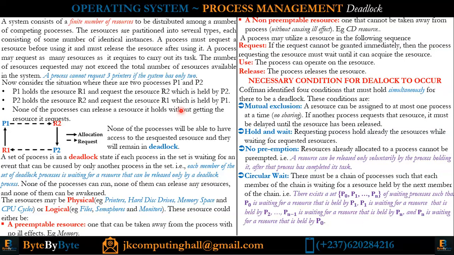The last condition is circular wait. Let us understand this particular condition because this fourth one is very important. There must be a chain of processes such that each member of the chain is waiting for a resource held by the next member of the chain.